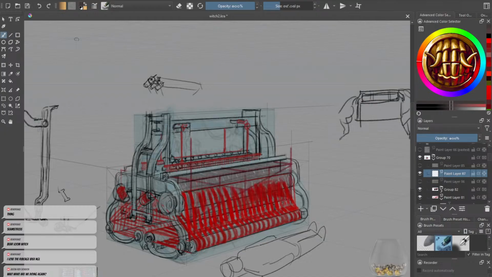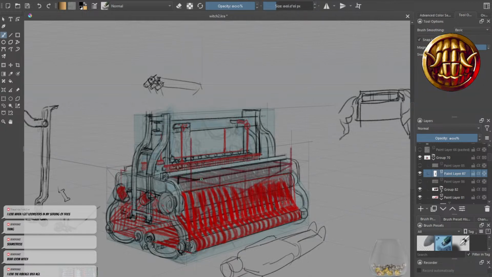Then let's try another version. There. But have it go inwards. Let's say at like that angle. So they'll come out sort of here.